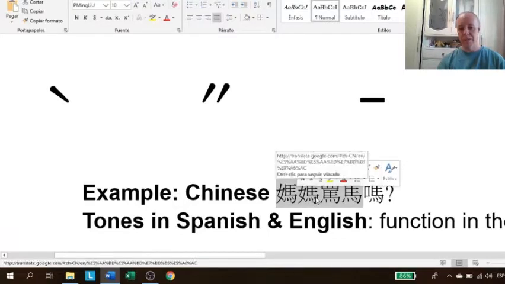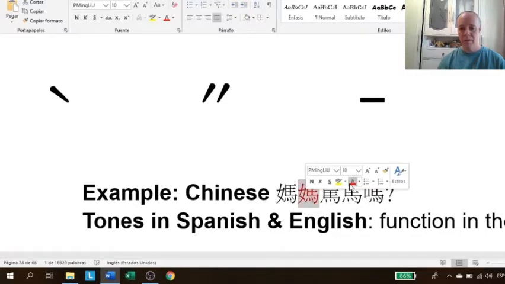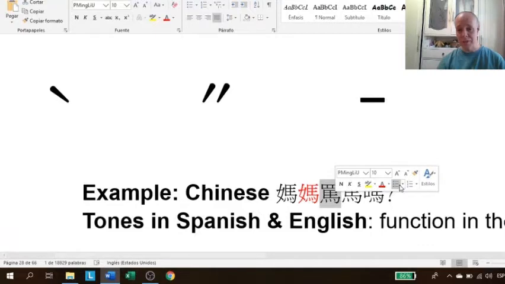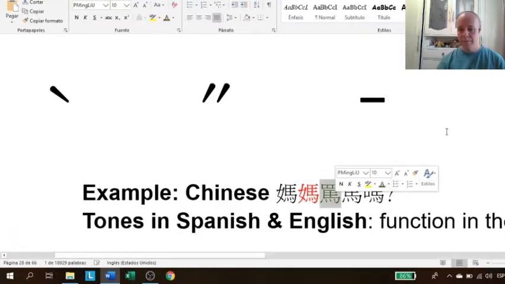I don't know why it doesn't let me do just these two. Okay, let me color this. And now I'm going to color this. No, it doesn't allow me to. Technological problems. Okay, let me see. I can change this. So another color, green for you. And another one doesn't allow me.